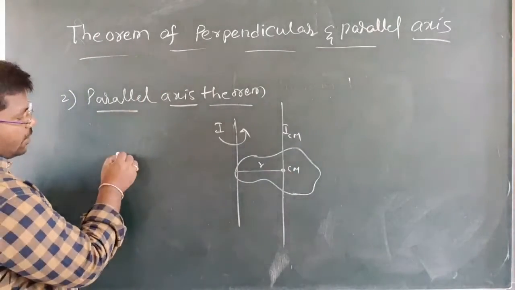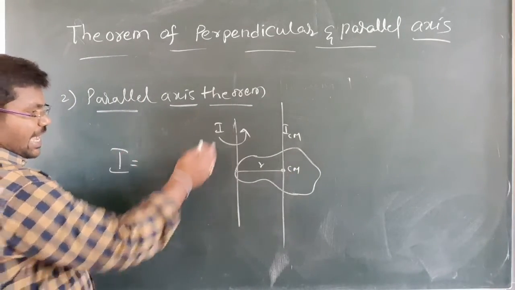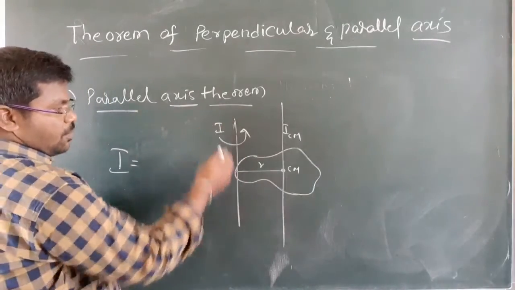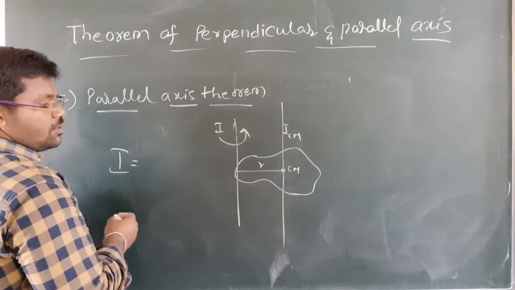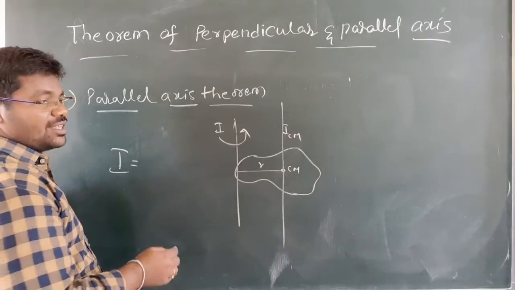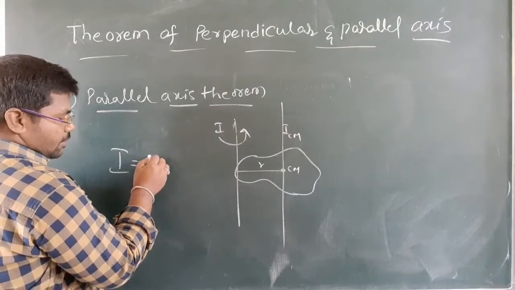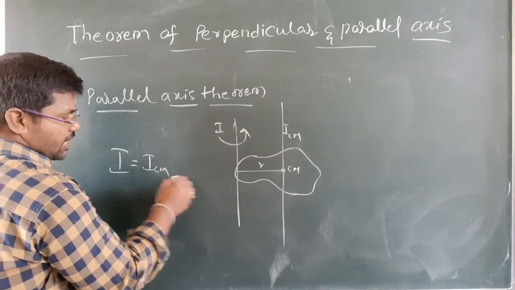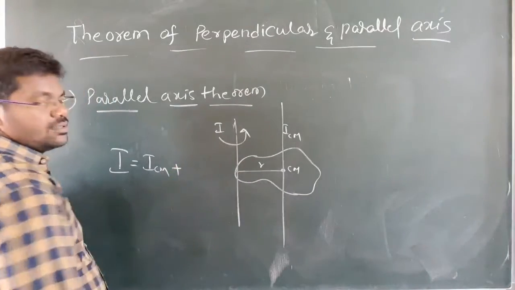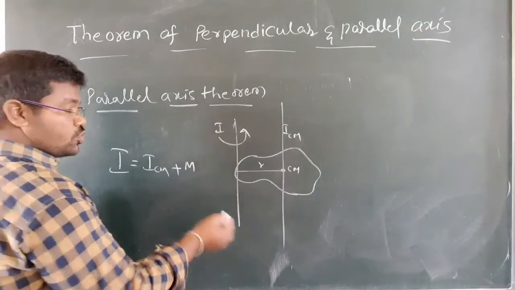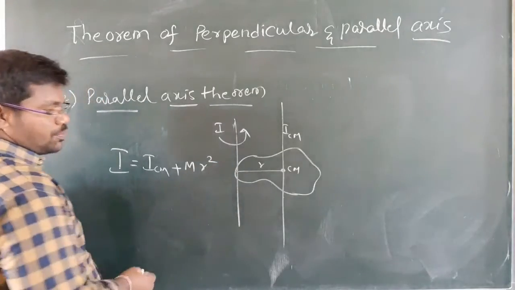According to the statement, the moment of inertia about any axis which is rotating is equal to the sum of the moment of inertia passing through the center of mass and the product of the mass of the body and the square of the distance between them.